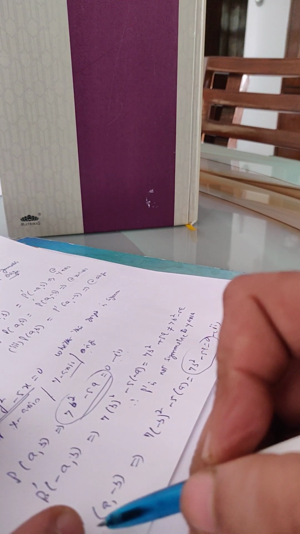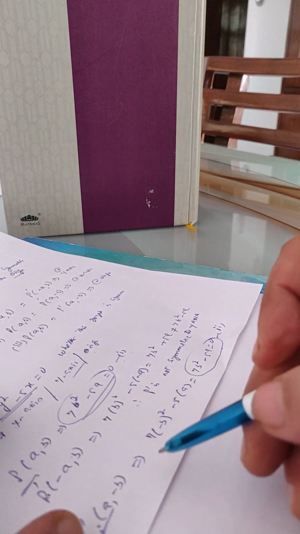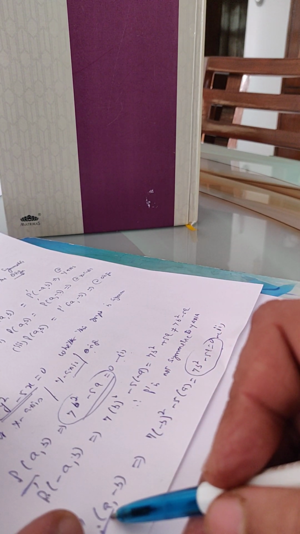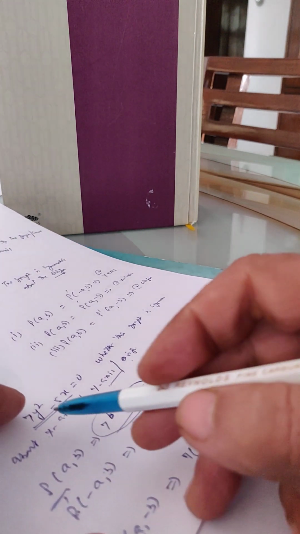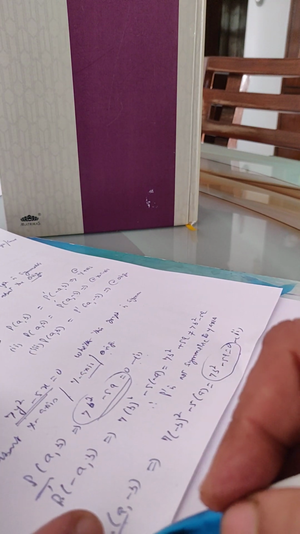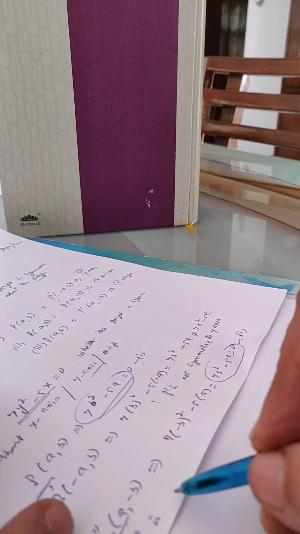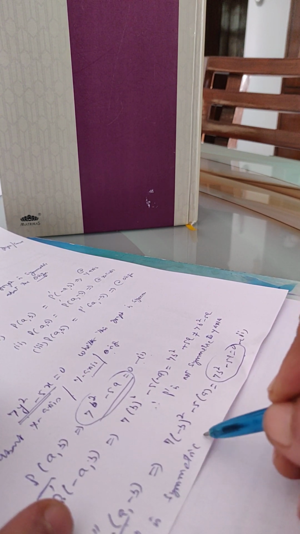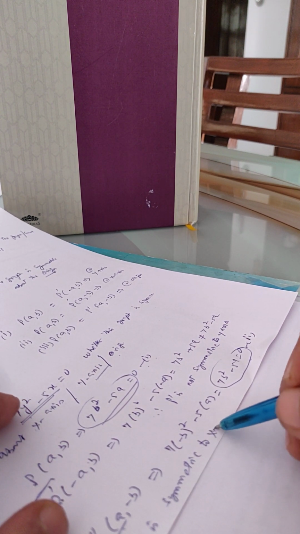So this reflection is equal to the object. The coordinates of this reflection are equal. That means this graph, or P double dash, is symmetric to the x-axis.